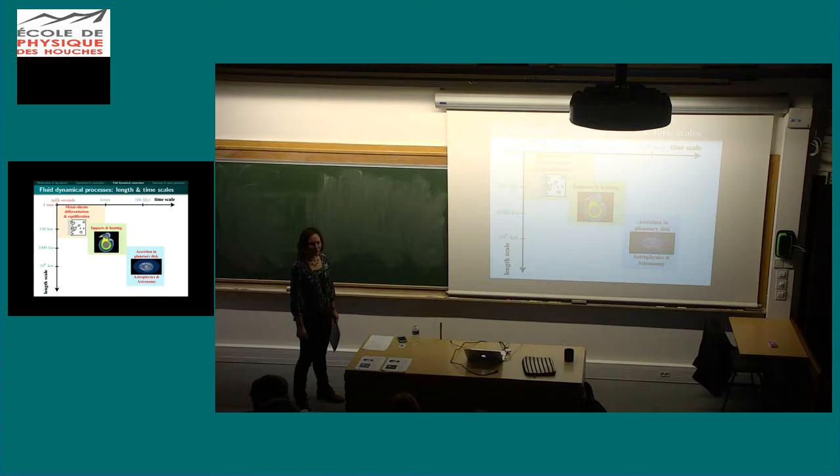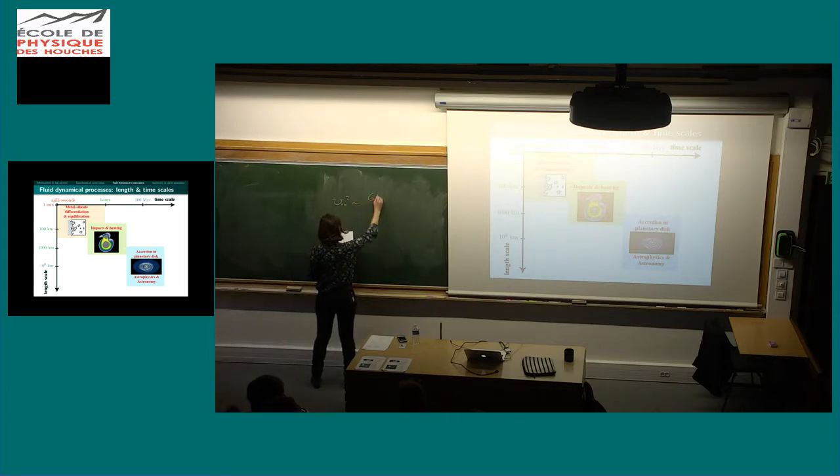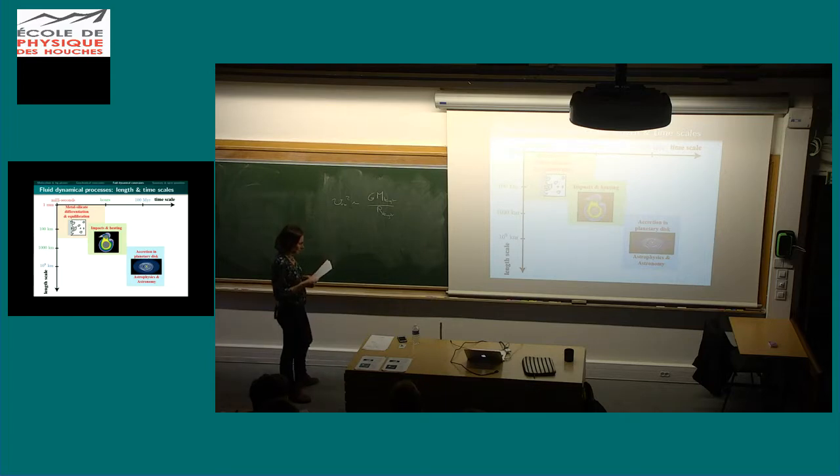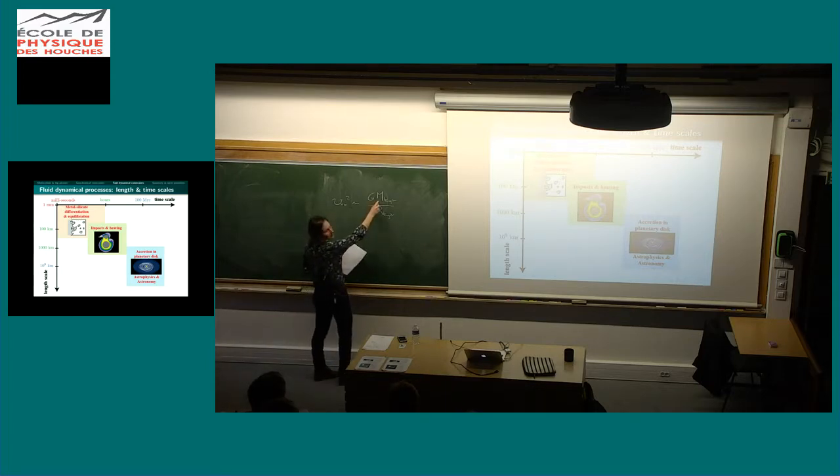The escape velocity squared goes as G, the gravitational constant, times M, the mass of the target, the largest of the two objects, divided by its radius. If you take the mass and radius of the Earth, you get something like 8 kilometers per second.